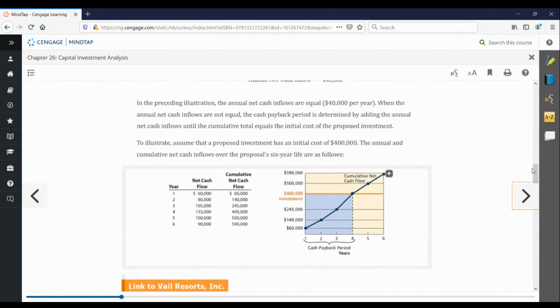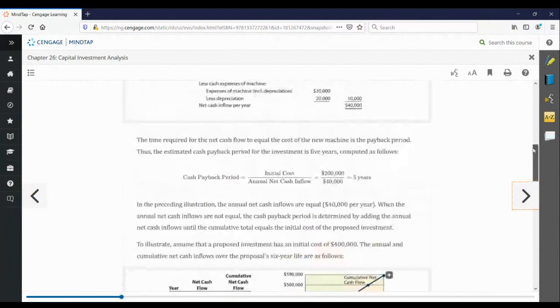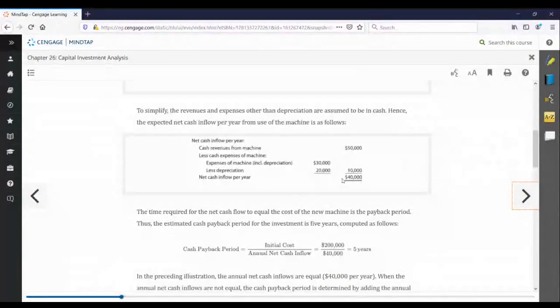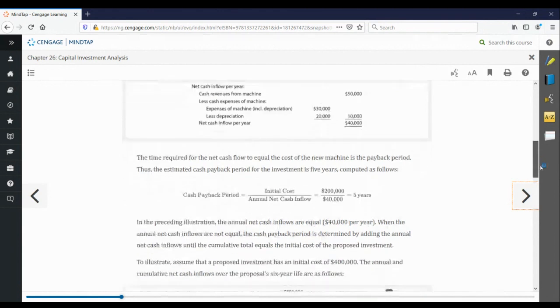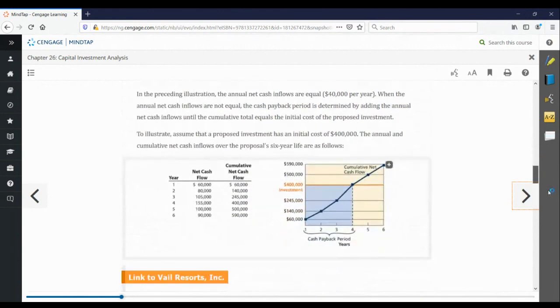All right. The difference between this investment of $400,000 and the one we did previously is we knew that the amount of the cash flows per year was going to be an equal amount. If it's an equal amount, we simply divide the cash flow amount into the cost, and it'll give you 5 years to pay that back.